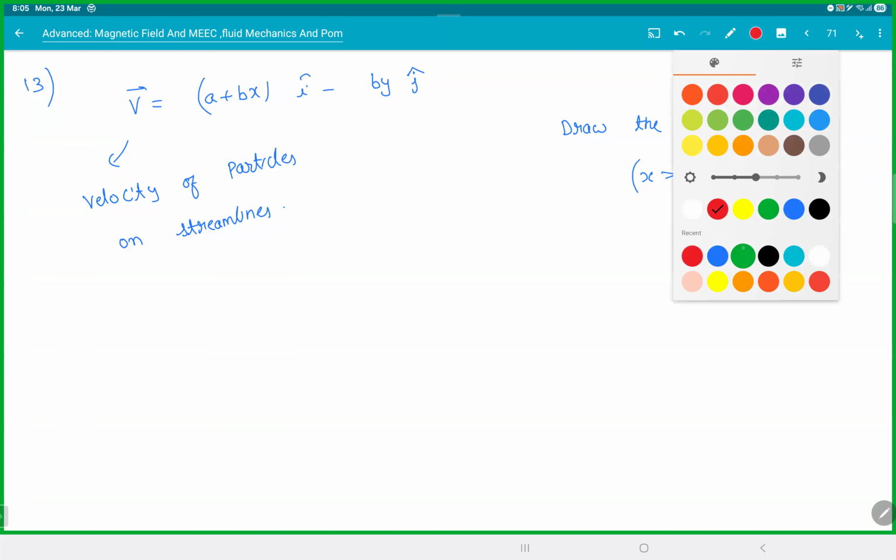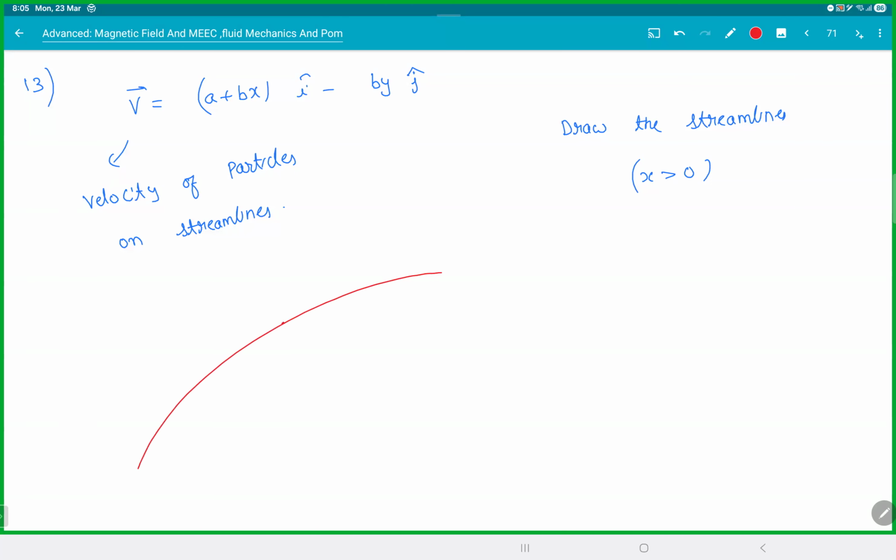What was the concept? If you have a streamline, the velocity of the particles will be tangential.